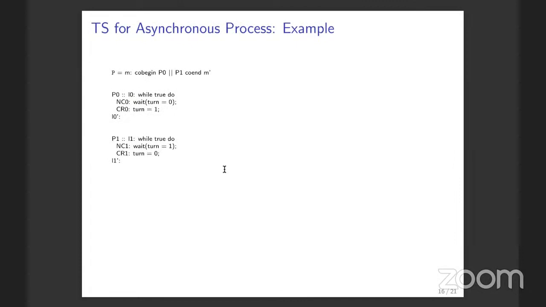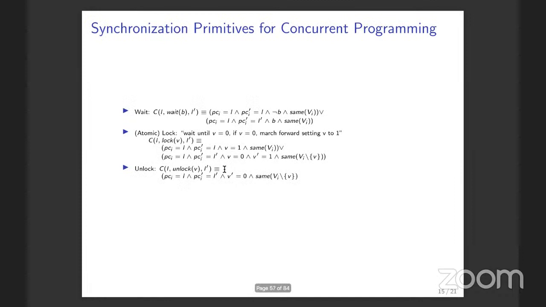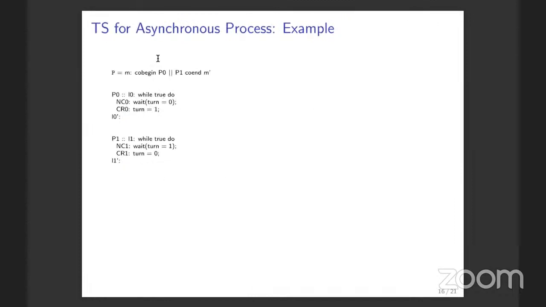Now I am going to show you how to construct the combined transition system for two asynchronously composed threads or processes. Here we have two pretty much identical processes.